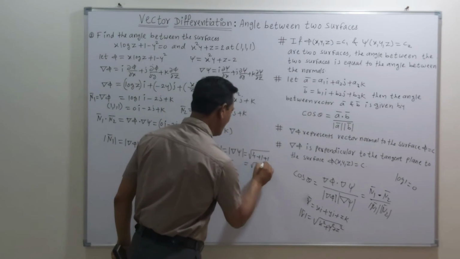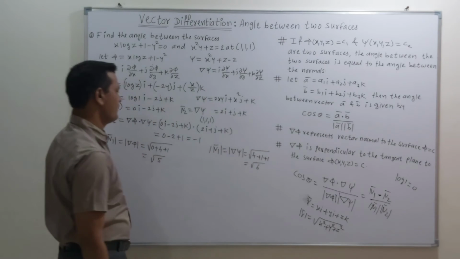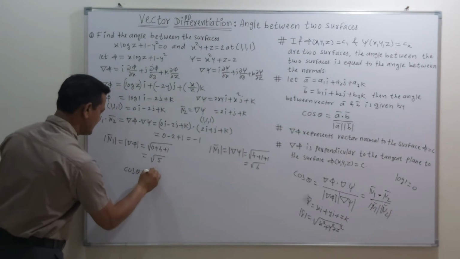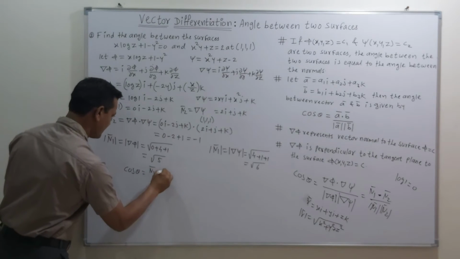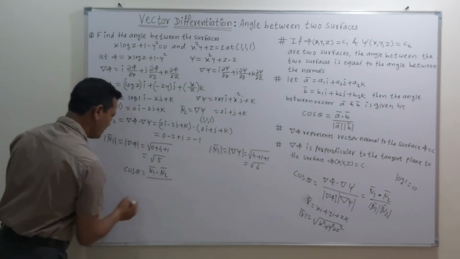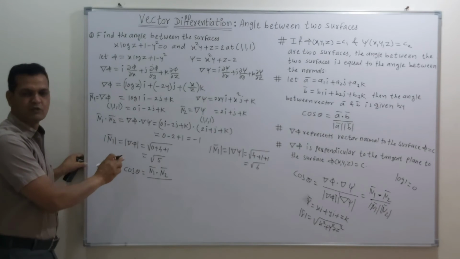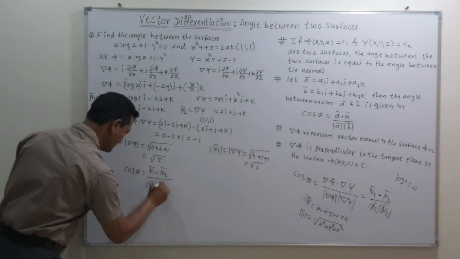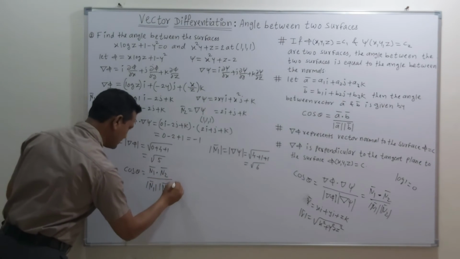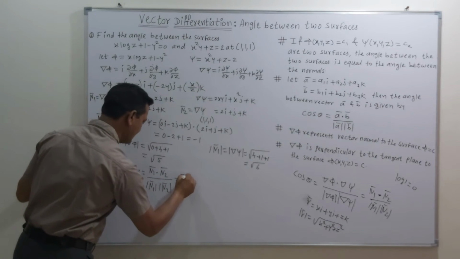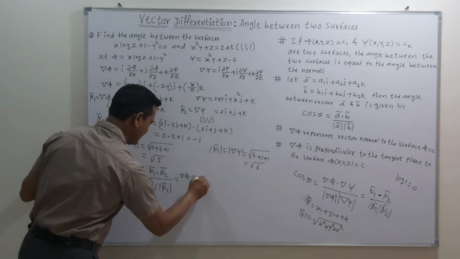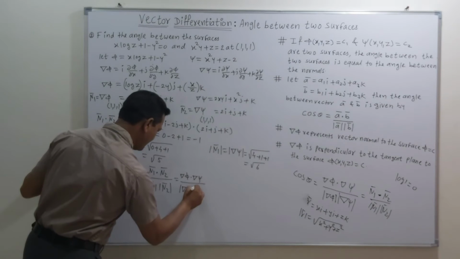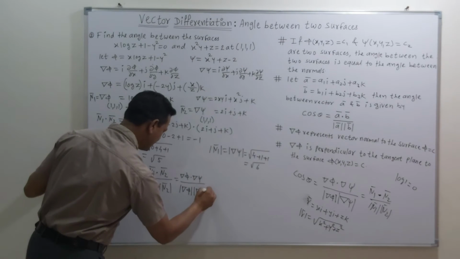So we get this value as root of 6. Now friends, if we try to find the angle between these two terms, then this is n1 dot product with vector n2, or we may call this the first normal to the surface and the second normal to the surface, upon the magnitude of the first normal and the second normal, which is the same as del phi dot del psi upon the magnitude of del phi with the magnitude of del psi.